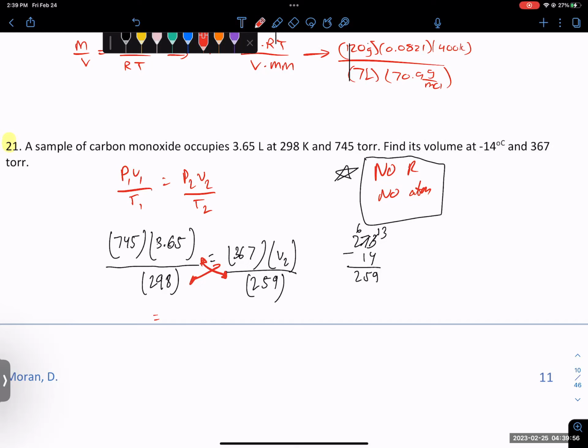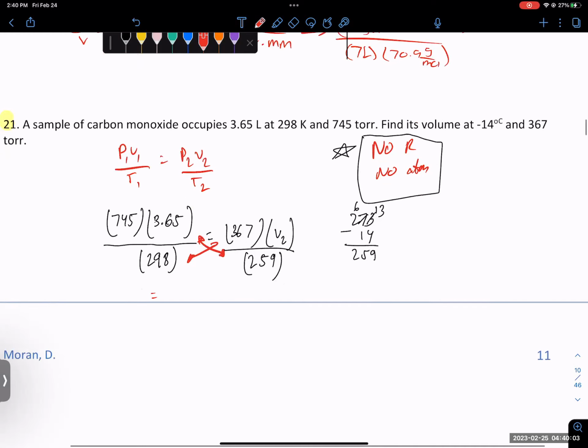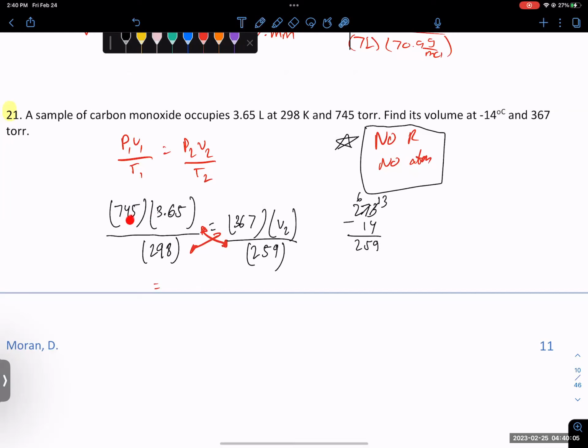You can do one step at a time, so you can do the left side first. So you can do 745 times 3.65, get your answer, divided by 298. Then you could do times 367 as your second step, and then you should get an answer.